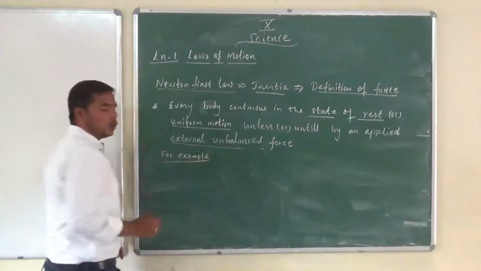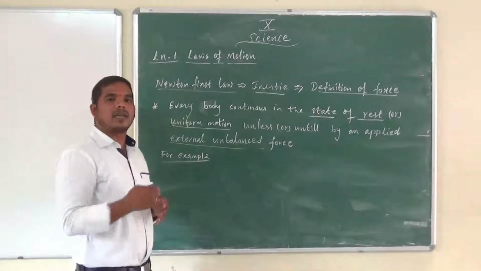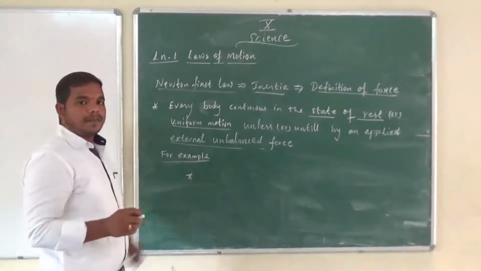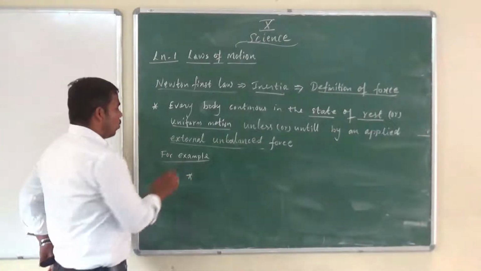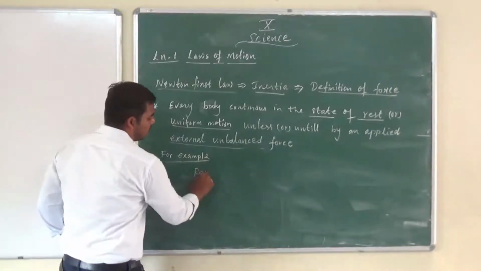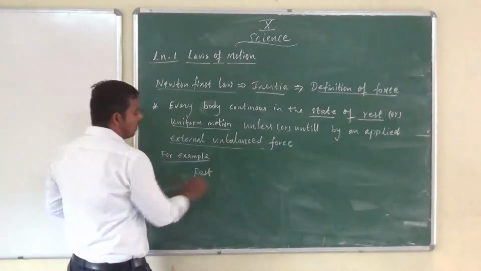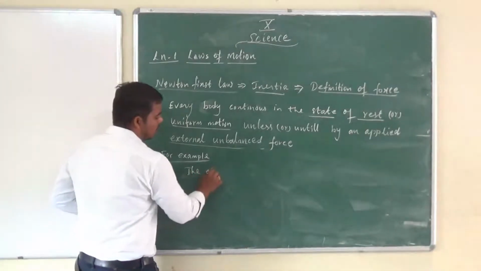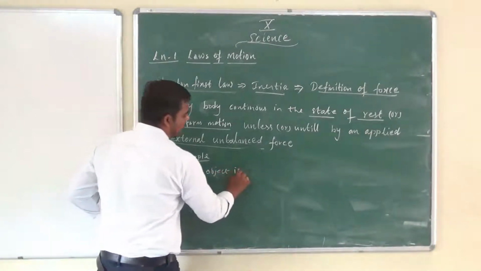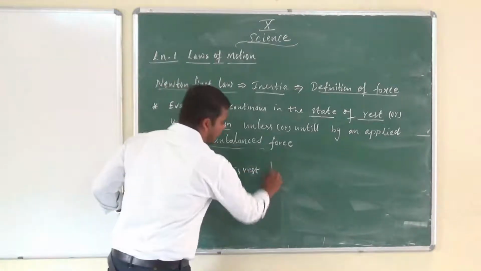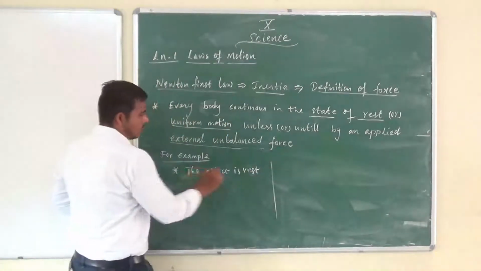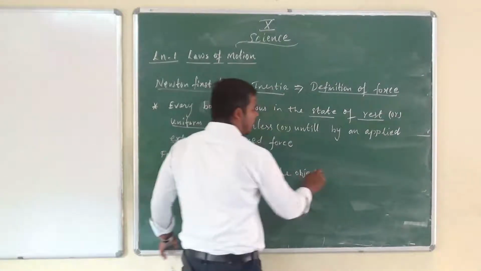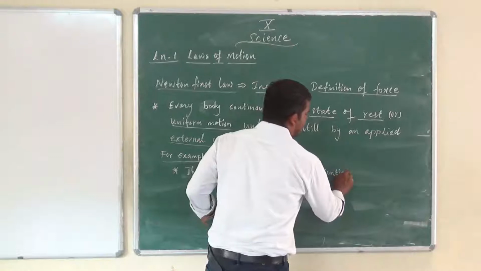For example, in your home, you can see a number of moving objects and non-moving objects. If you see, for example, one rest object, the object is at rest. Next, the object continues, what is the state?